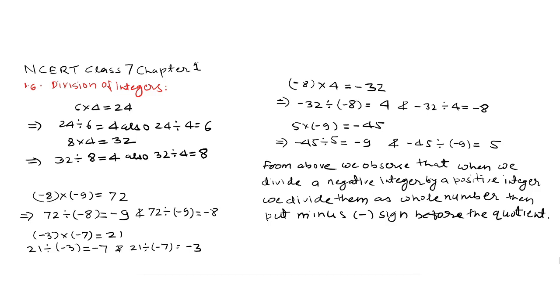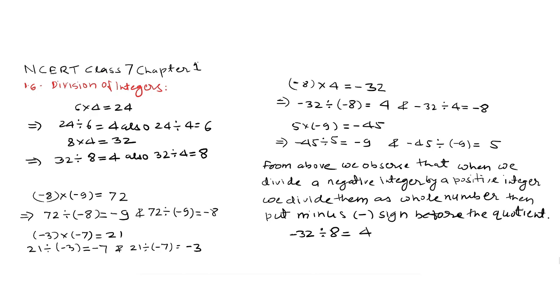positive integer, we divide them as whole numbers, then put minus sign before the quotient. For example, minus 32 divided by 8 equal to 4.